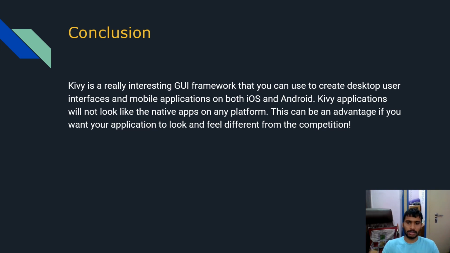Several other apps are flowing in this modern world. So if you want your app to be at the top, use this. It looks different and feels different from the other competitors. Many other users will find it more outstanding than other apps if you use this Kivy application, which uses Python.